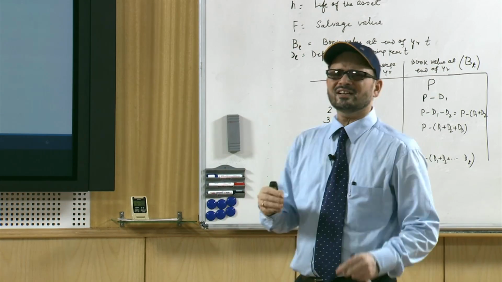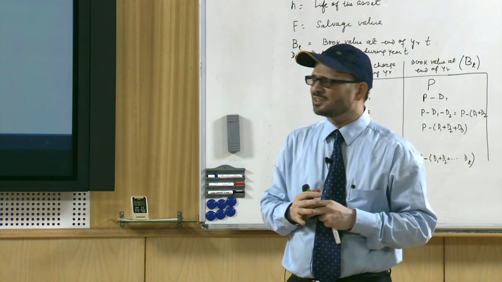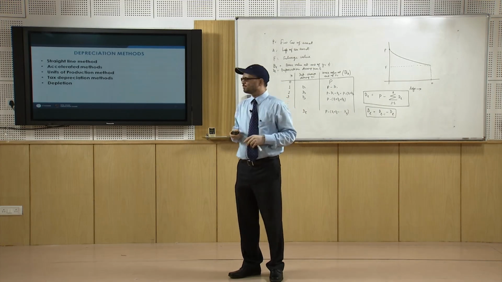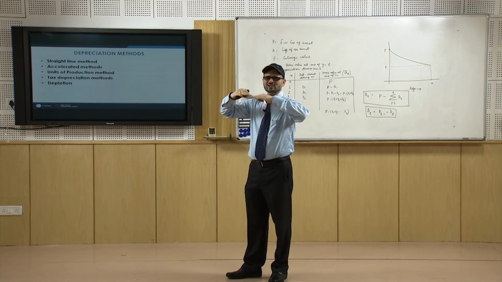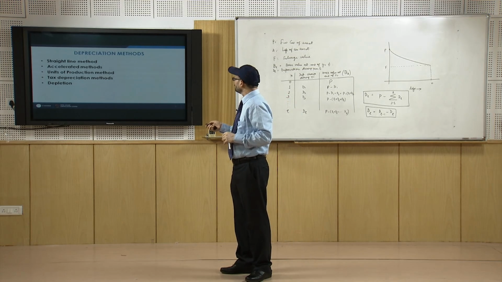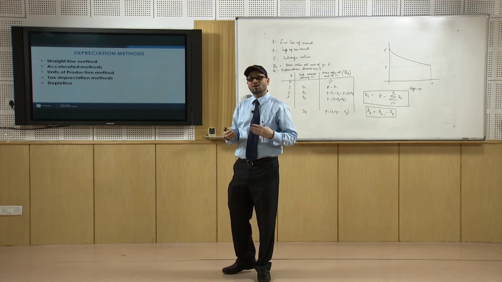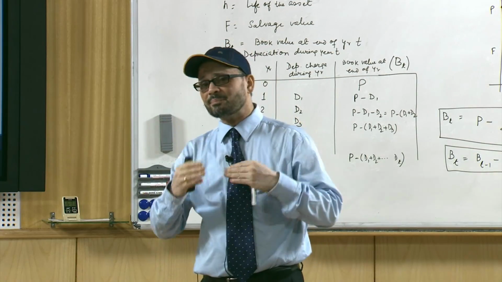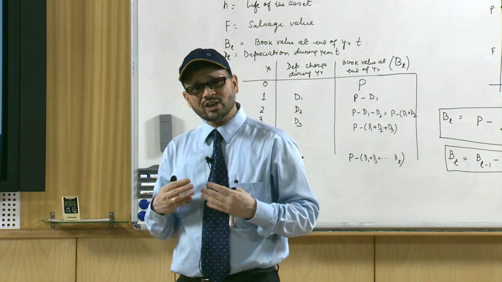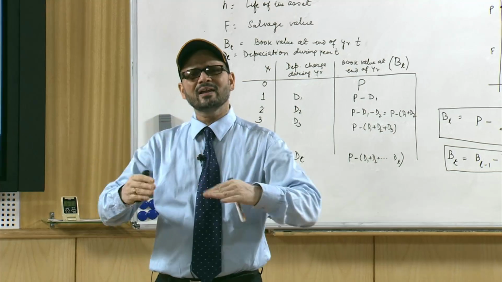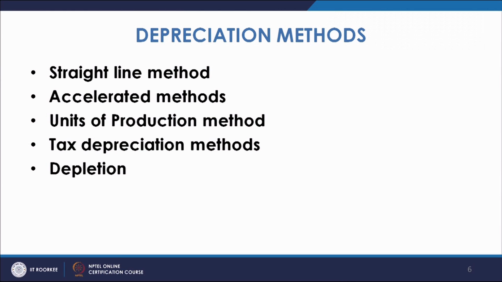So, there are certain methods by which the amount of depreciation on an equipment over time is to be calculated. In this scheme you need to know what type of equipment is to be used and what its life is. The property which has a certain life is to be taken into account, and a percentage of its present cost will be used as the depreciation, so that after certain years of life the asset completely depreciates and its tax benefit is taken by the investor. So, there are methods which will be taught under the tax depreciation methods.